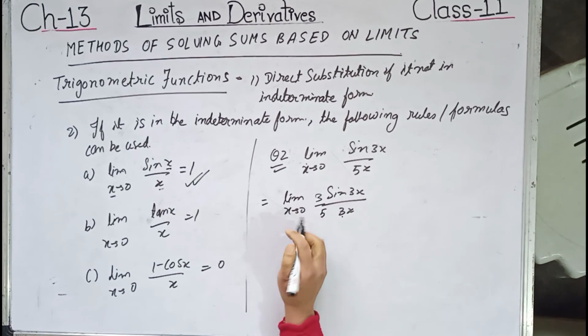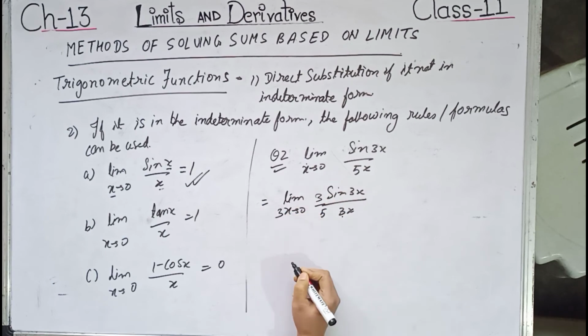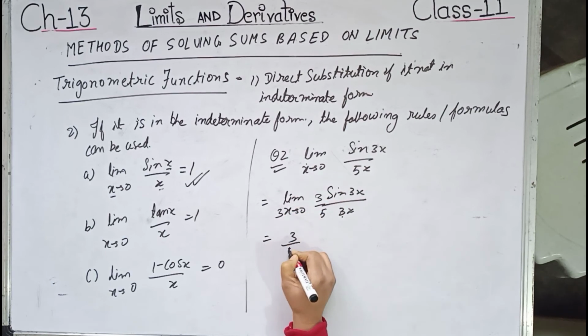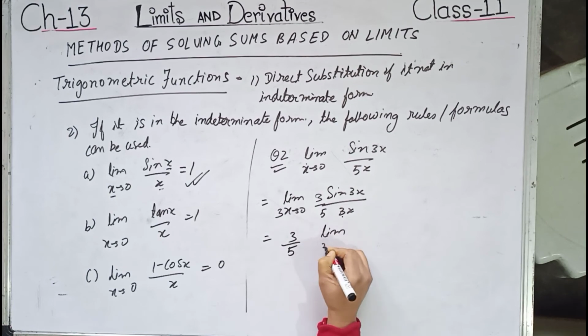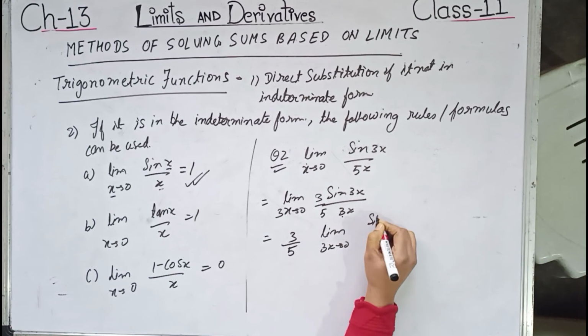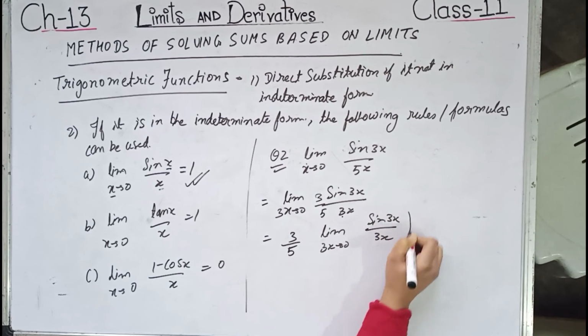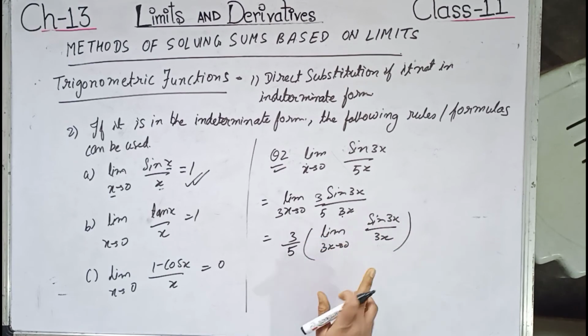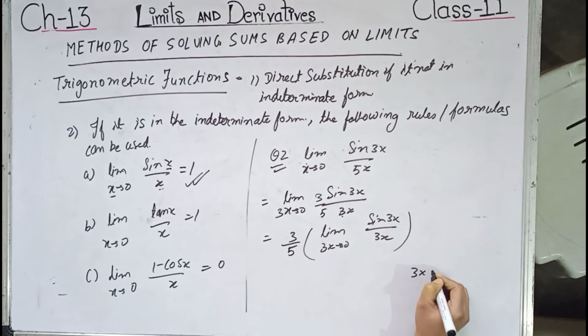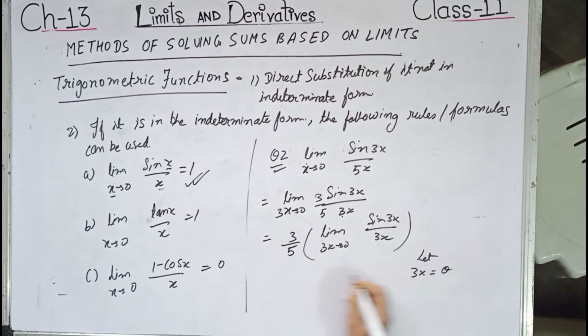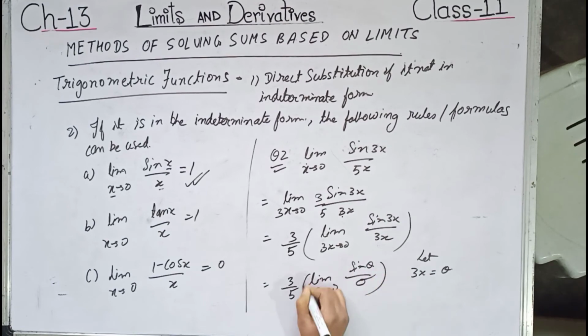If x is tending to 0, obviously 3x also is tending to 0. So now I can write this as 3 by 5 limit 3x tending to 0 sine of 3x by 3x. So directly I can write 1, or if you wish, let 3x equal theta. So this will reduce to limit theta tending to 0 sine theta by theta, which is 1. So this answer is 3 by 5 into 1 equals 3 by 5. So I think you understand how to mold the formulas.